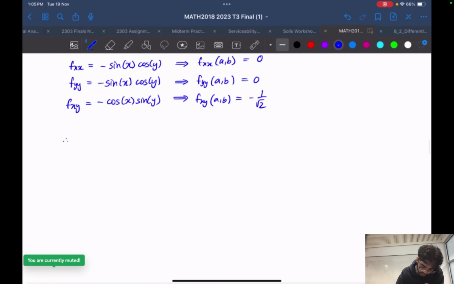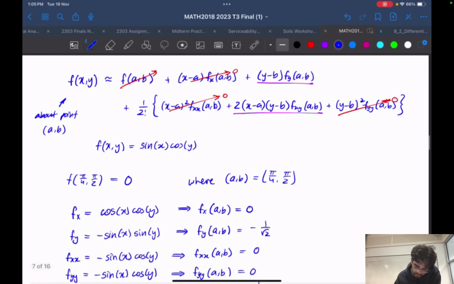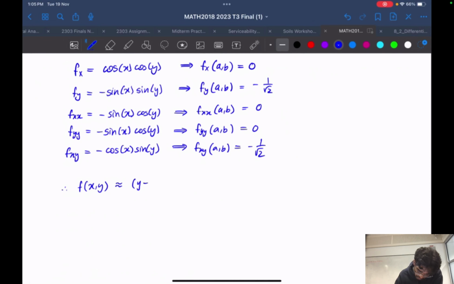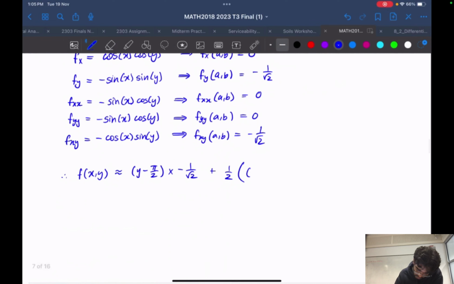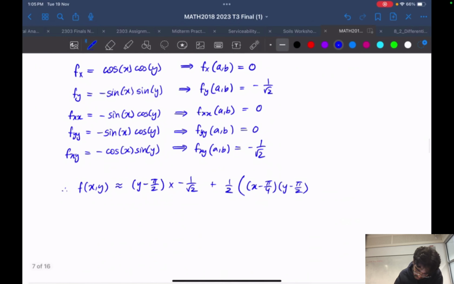Therefore, we can say that f(x, y) is approximately, remember Taylor series is just an approximation, right? It's not exact. So it's approximately equal to y minus pi on 2 times f_y(a, b), which is minus 1 over root 2, plus a half of x minus pi over 4, y minus pi over 2 times f_xy(a, b), so times minus 1 over root 2.